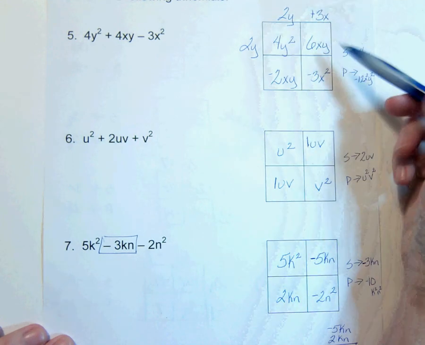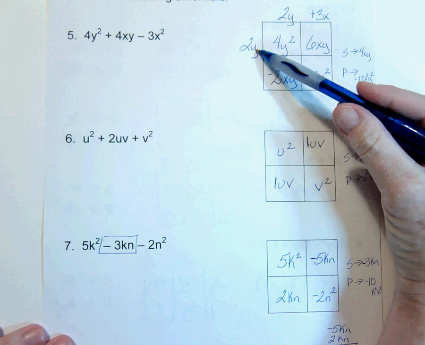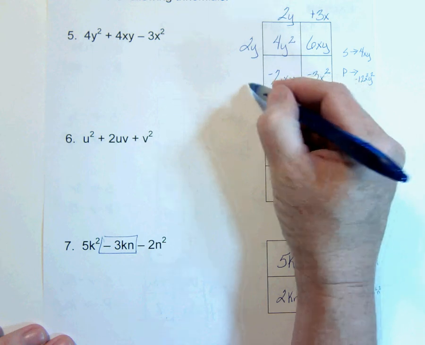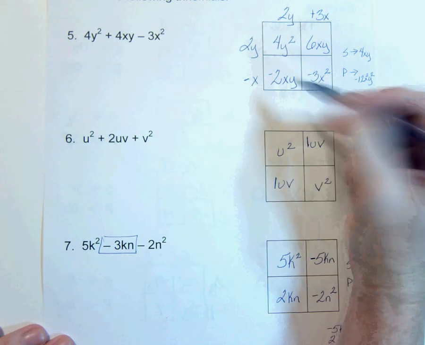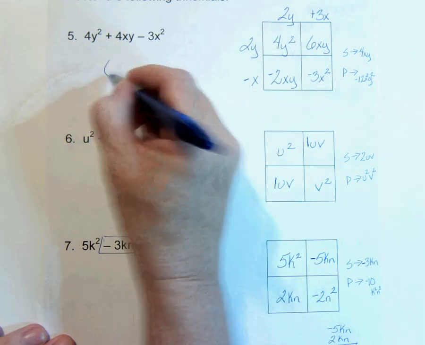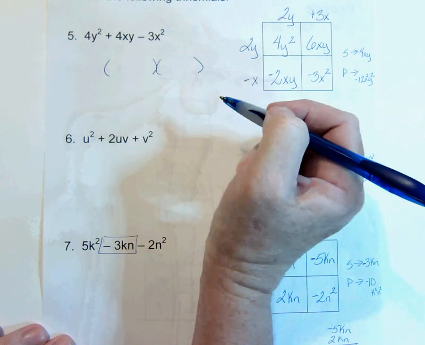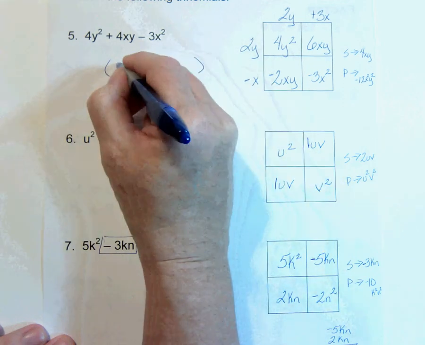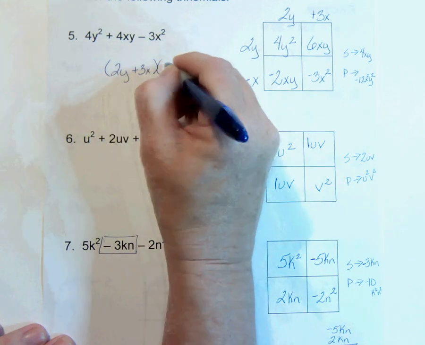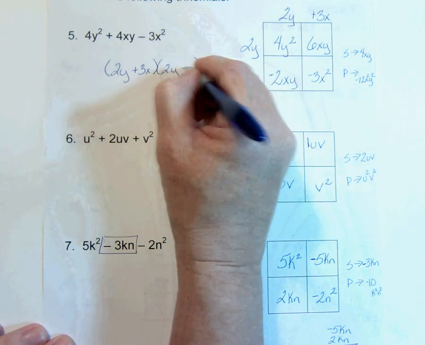And since there's double variables, we're going to have variables everywhere. Here, the only thing I need to multiply by 2y to get negative 2xy is just a negative x, because we need to make sure it was negative. You've got your binomials. Walk over here and put them into their factored form, where you have 2y plus 3x and 2y minus x.